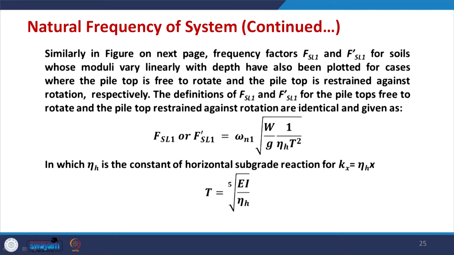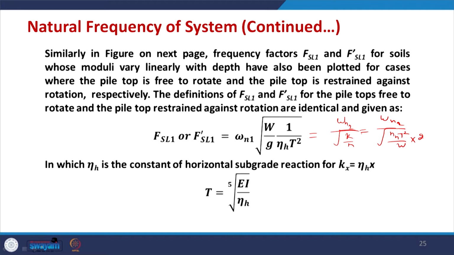The definition is same as before, and basically again this can be also simply written as Wn1 divided by K by M, and this is basically what you have as Wn1. K in this case will be eta h T square, while it will be W by g.